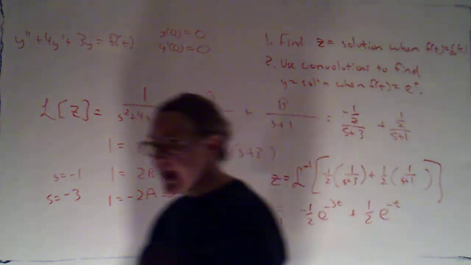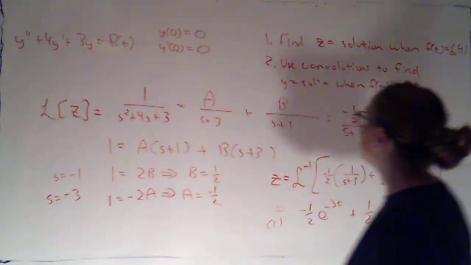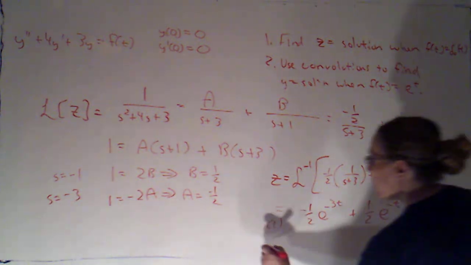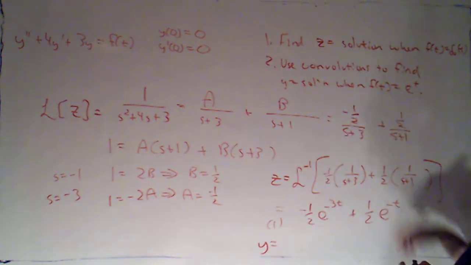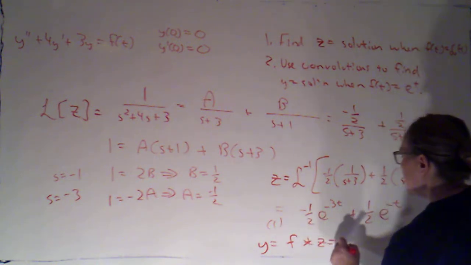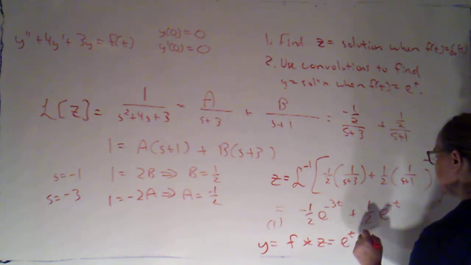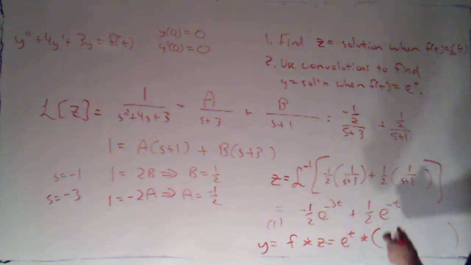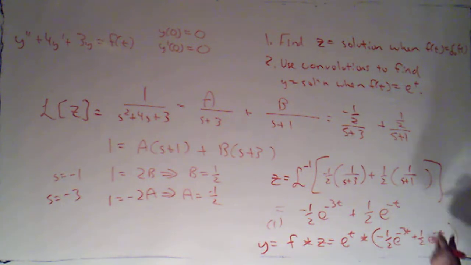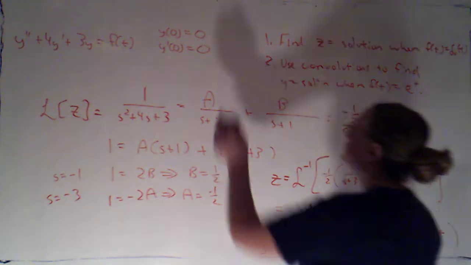Okay. So now, if I'm using convolutions to find y, I know that y is just going to be f star z, which is e to the t star what we just found, negative 1/2 e to the negative 3t plus 1/2 e to the negative t.